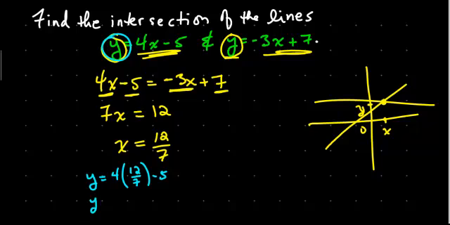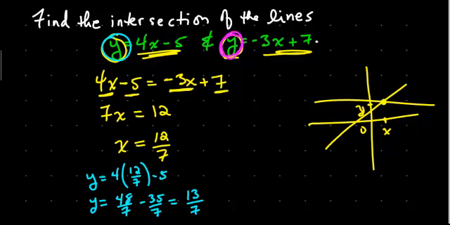So y equals 48 sevenths minus 5, and 5 is going to be 35 sevenths. So what's 48 minus 35? 13. 13 sevenths.